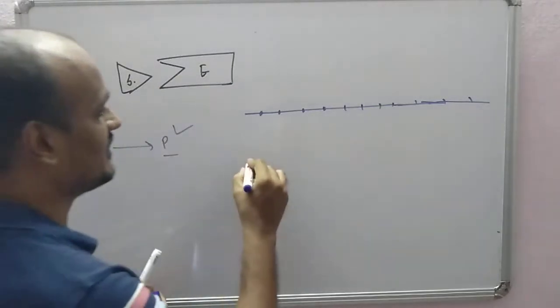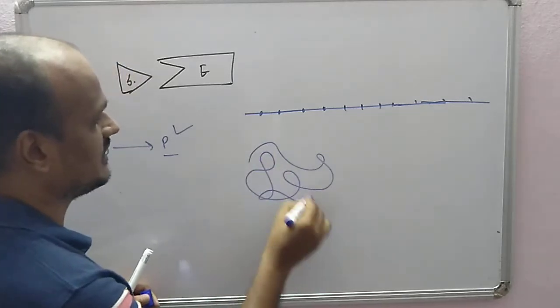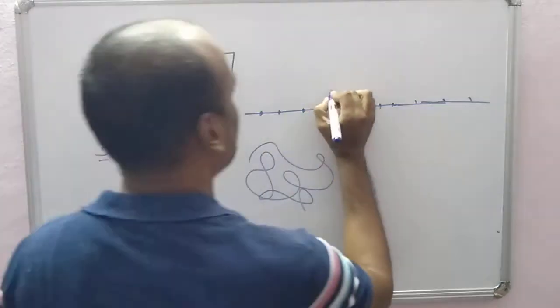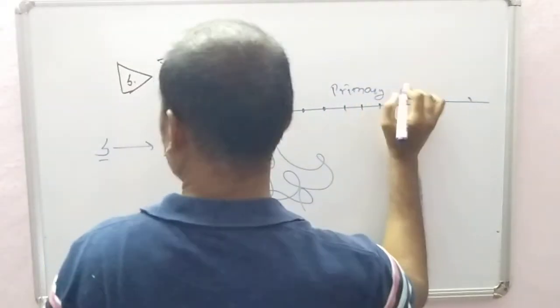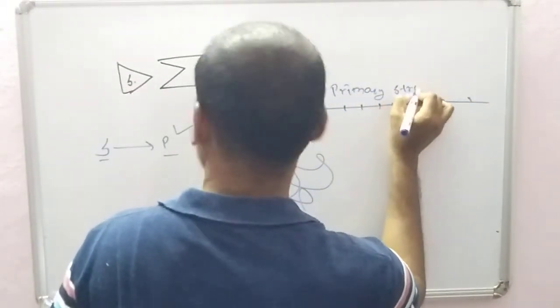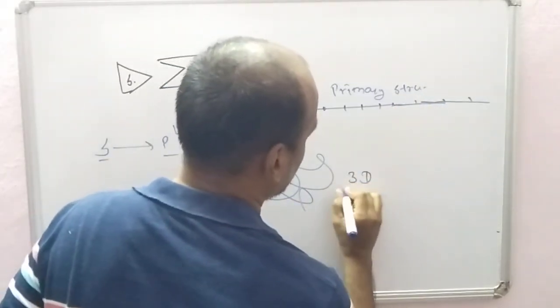This enzyme will have a shape like this. Instead of this linear primary structure, this is the 3D structure of the protein.